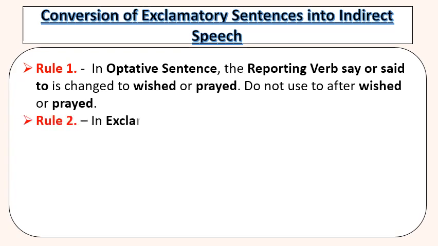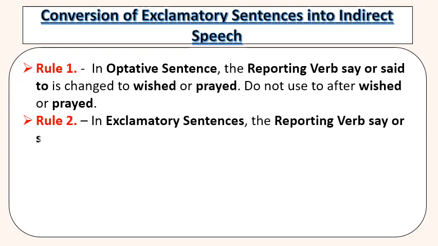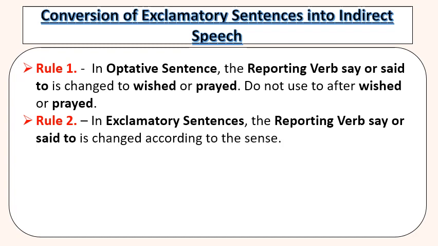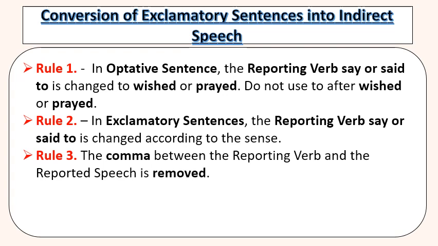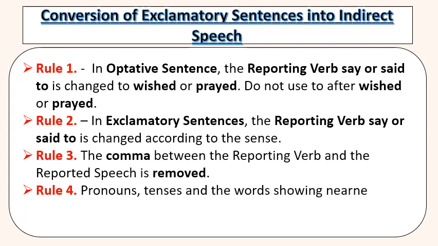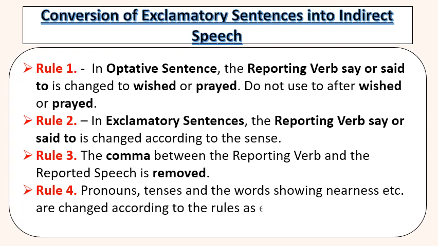Rule number 2 is, in exclamatory sentences, the reporting verb say or said is changed according to the sense. Rule number 3 is, the comma between the reporting verb and reported speech is removed. Rule number 4 is, pronouns, tenses and the words showing nearness, etc. are changed according to the rules as explained earlier.